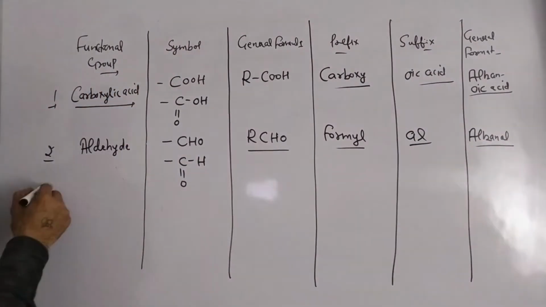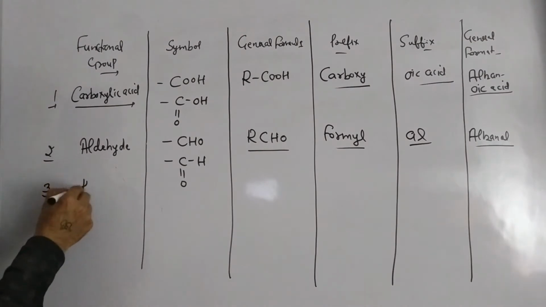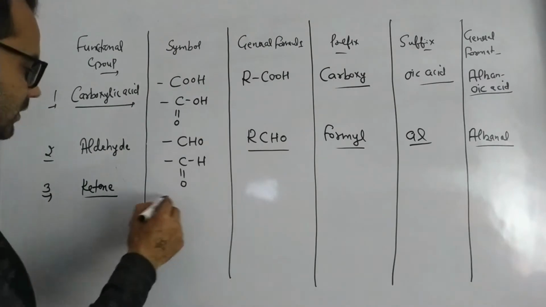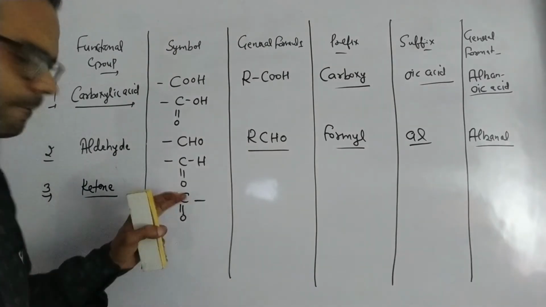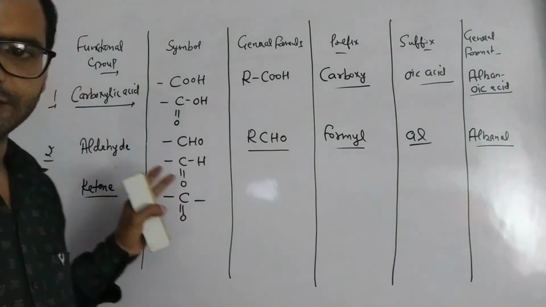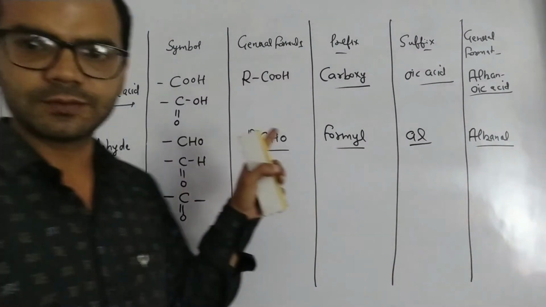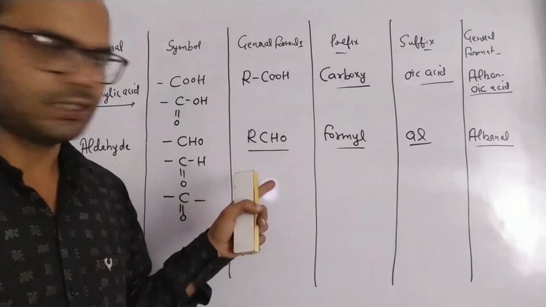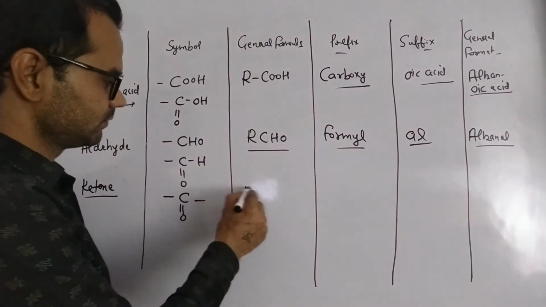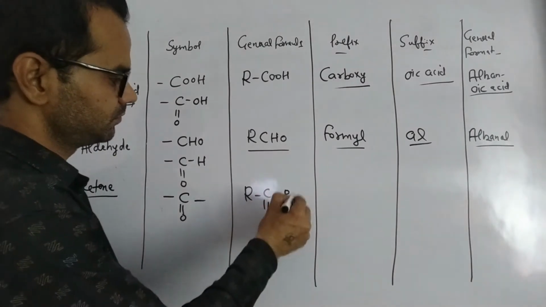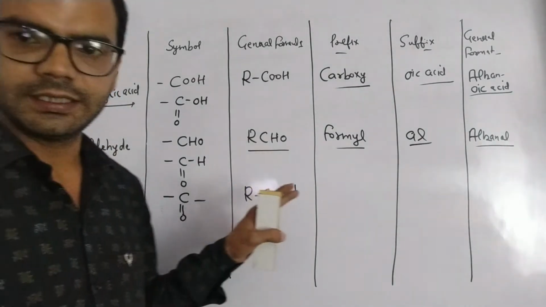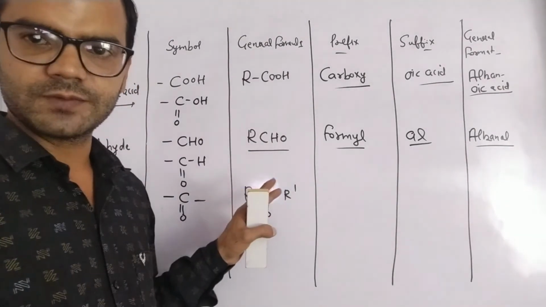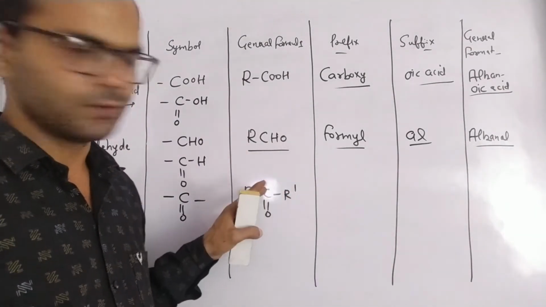Third is ketone. Symbol is C double bond O, and this ketone will never be present at the terminal position, never at the last position. It will be present in the middle of a chain. Its general formula is RCOR'. This R' can be different from R or may be the same carbon containing alkyl group.